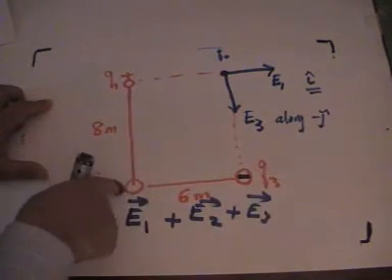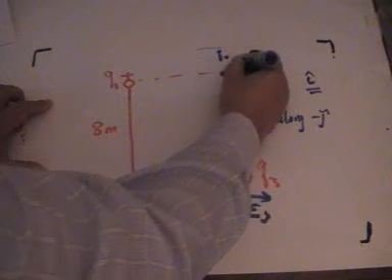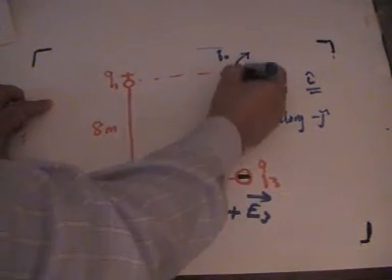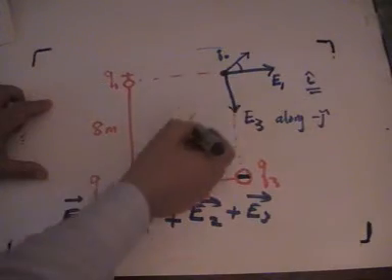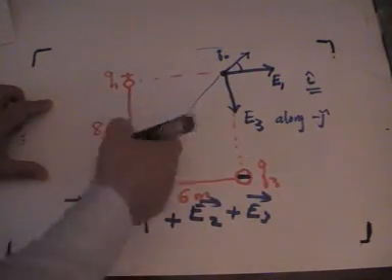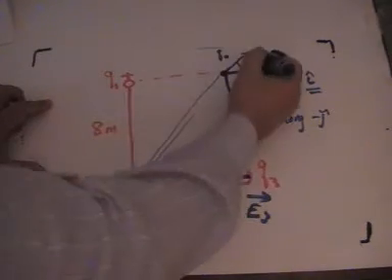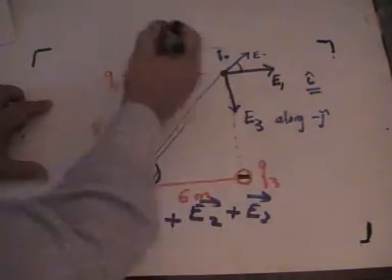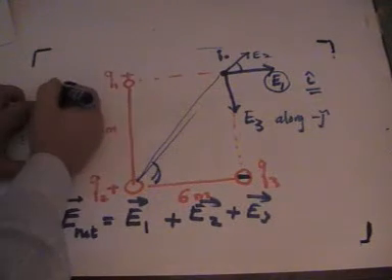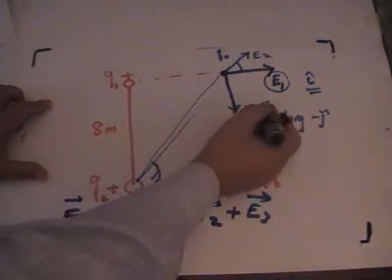Now this guy, positive and positive, it will be this way, and the angle theta will be the same as this angle here, which I can find the cosine and sine of. So this will be E2. What does this mean? This means that E1, I don't need to resolve because it's already along i hat.